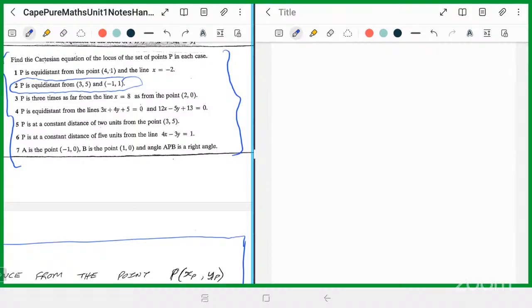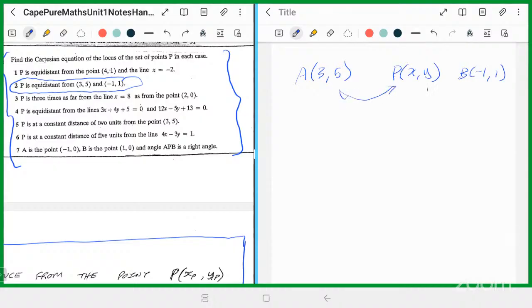So let's say that the first point is A (3, 5). Then you have P in the middle, (x, y). And then you have the point B (minus 1, 1). And what they're saying is that this distance is equal to this distance. AP is equal to BP.